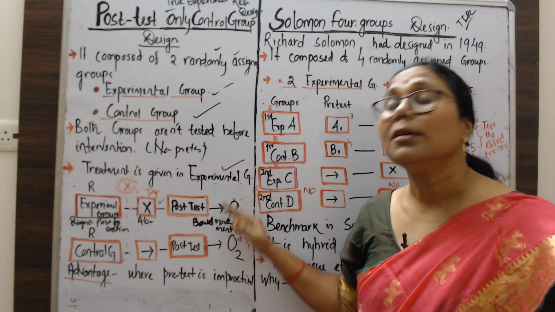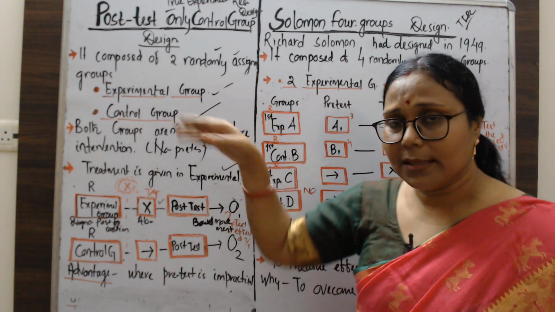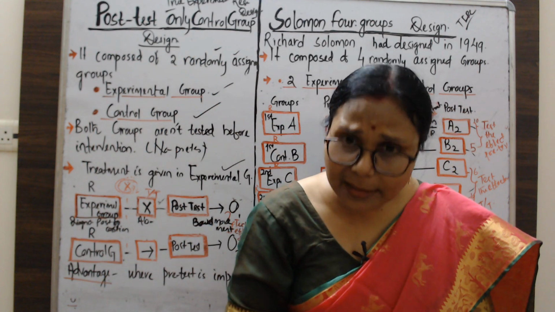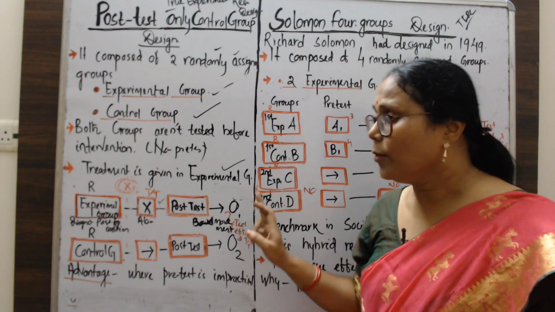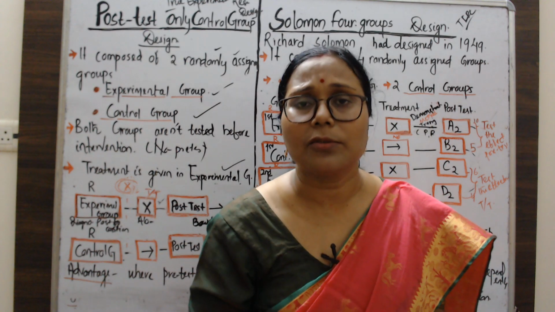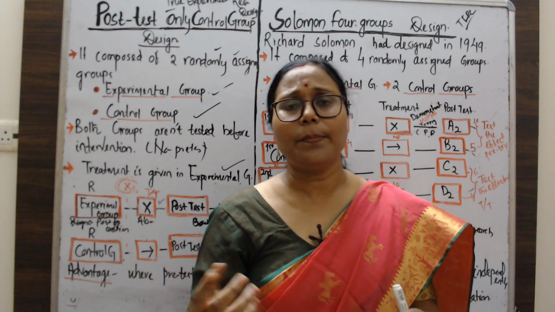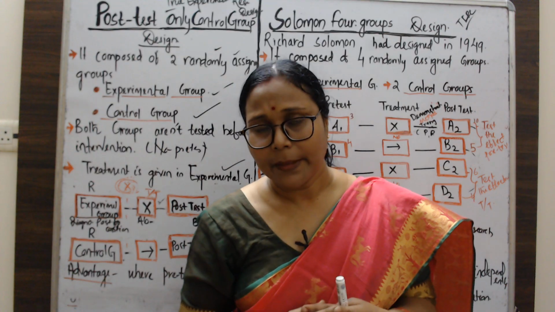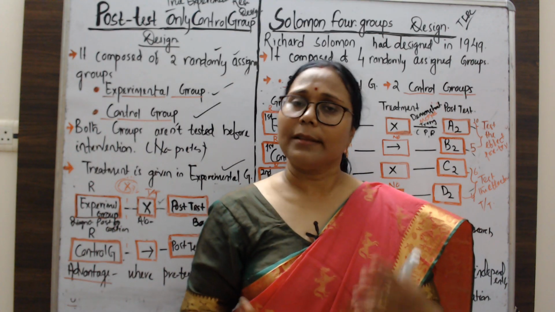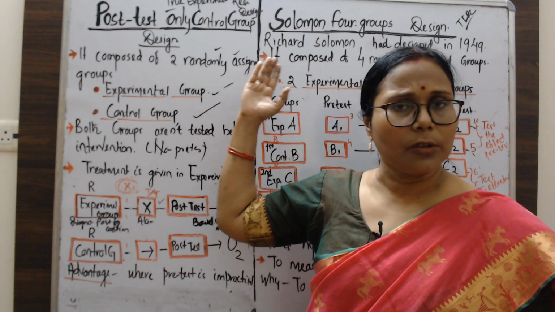So by the post-test only control design, the researcher tests the effectiveness of the treatment. This design is required in cases where the pre-test is not required, or the pre-test is impractical or not desirable. In that case researchers can do the post-test only control group design.